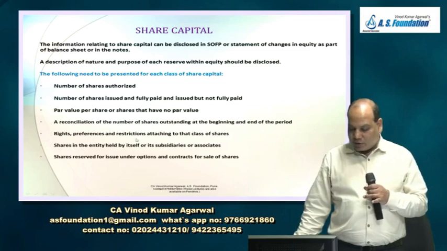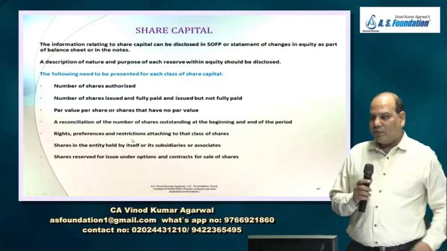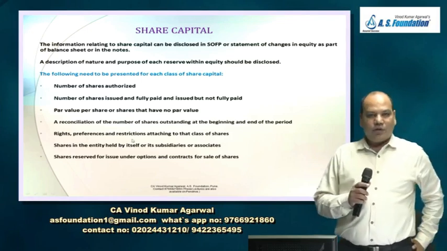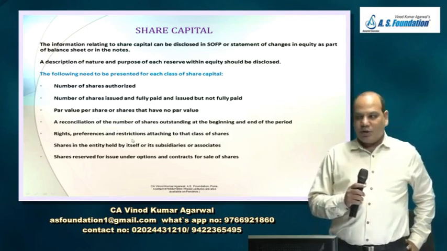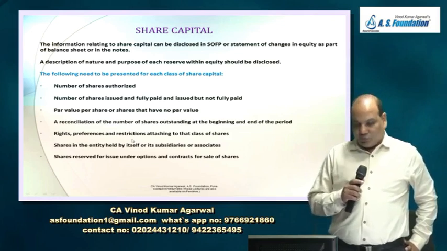Then rights, preferences and restriction attached to that class of share. If any class of share has any right, preferences and restriction, then that needs to be disclosed. For example, preference share. Preference share have a preference with respect to dividend and repayment of capital.